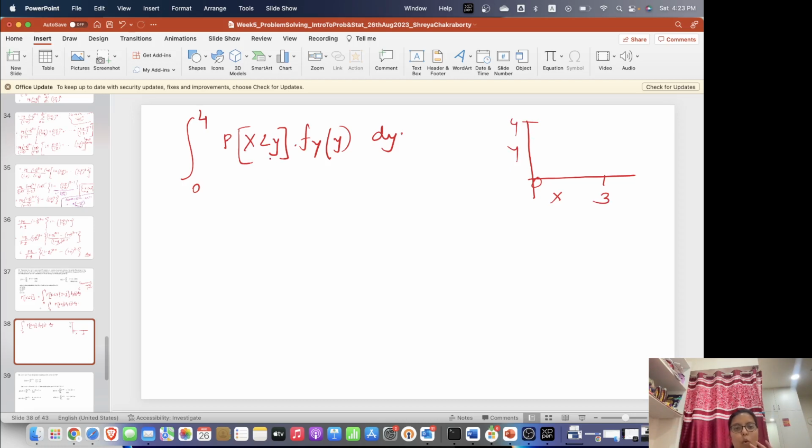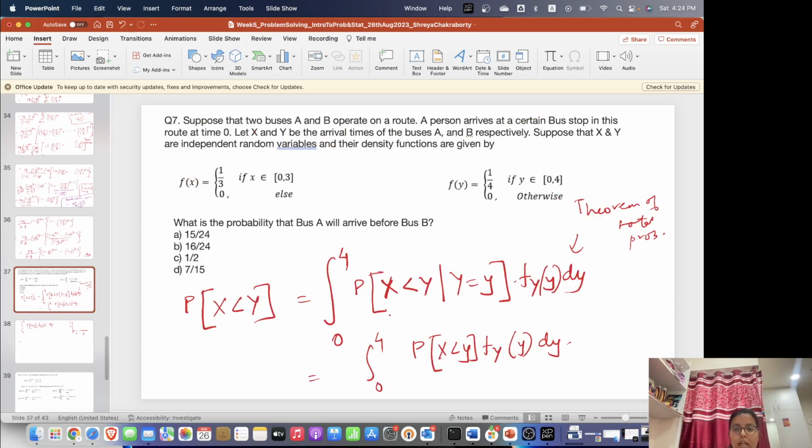So when the value of x is between 0 to 3, sorry, here the value of x can range between 0 to 3.